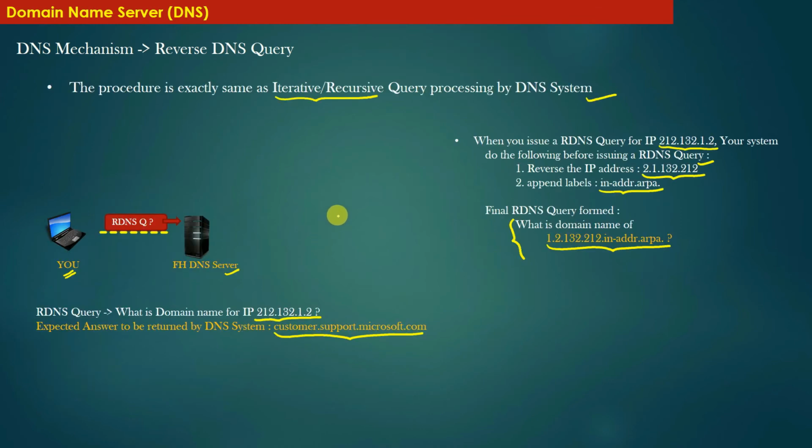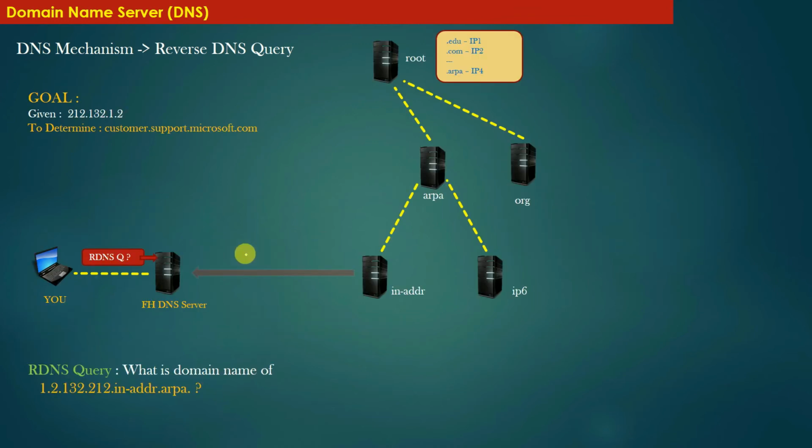So whenever I say reverse DNS query, it means: what is the domain name of this following type of string. Now let us try to understand the complete mechanism of how a reverse DNS query is resolved. Here the given is the IP address, and what we need to determine is the fully qualified domain name for this IP address.